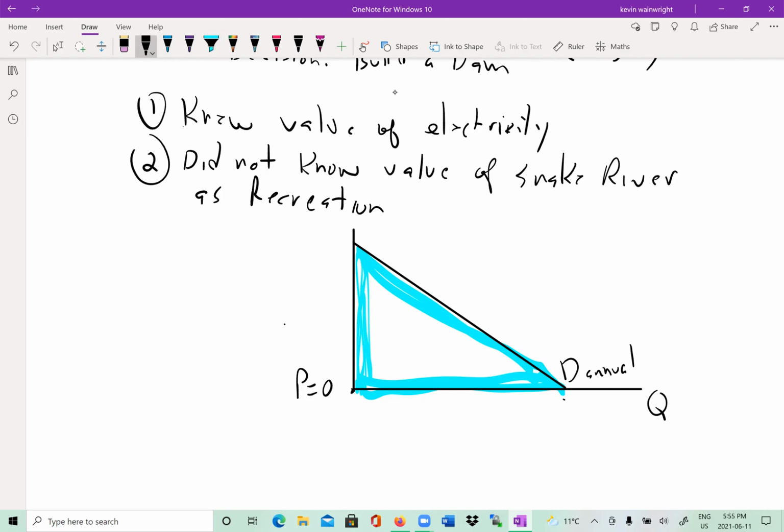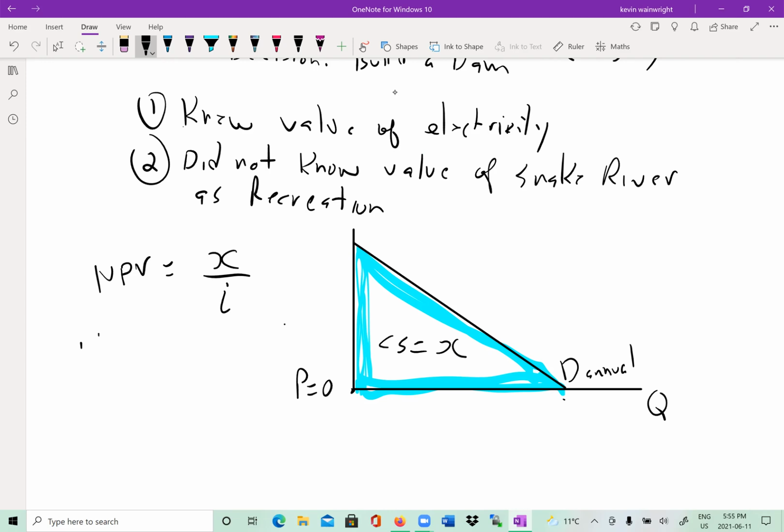And let's suppose that the consumer surplus was equal to X. Okay. So then they said the net present value will be equal to simply X divided by the interest rate. Okay.